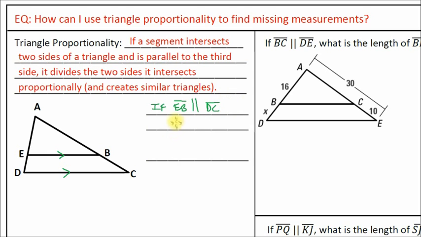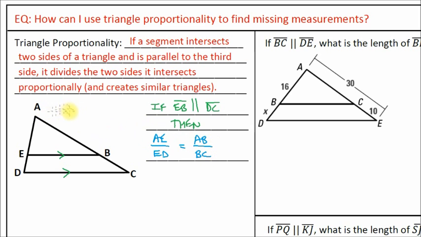If those are parallel, then this proportion is true. Then AE divided by ED is equal to AB divided by BC.